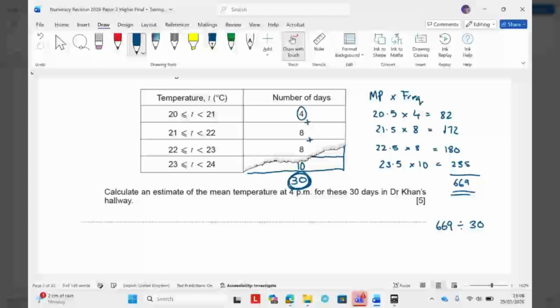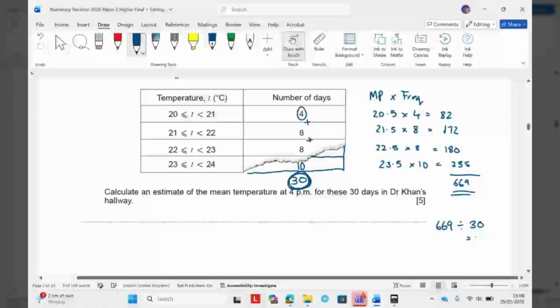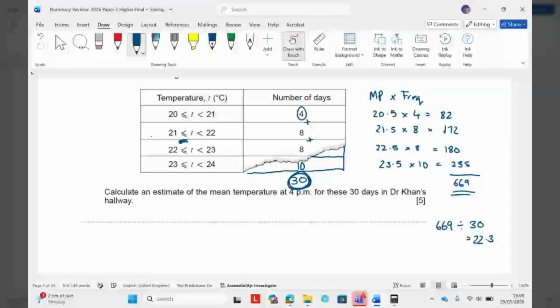That's what you're dividing by. We have not added up 4 numbers, we have added up 30 numbers here. So we'll divide that by 30 and get 22.3, which kind of makes sense because 22.3 is sort of in the middle here somewhere, isn't it? So that kind of makes sense.